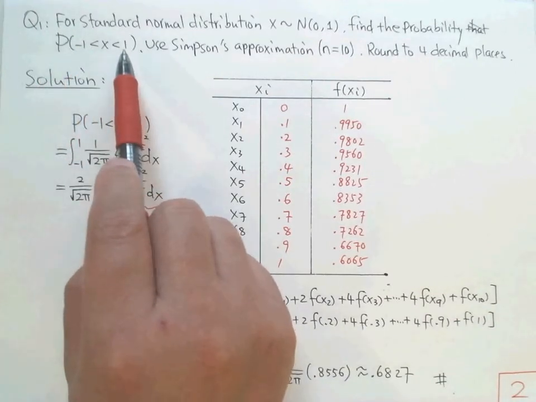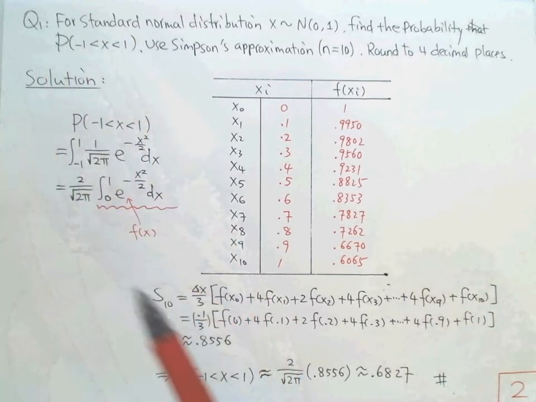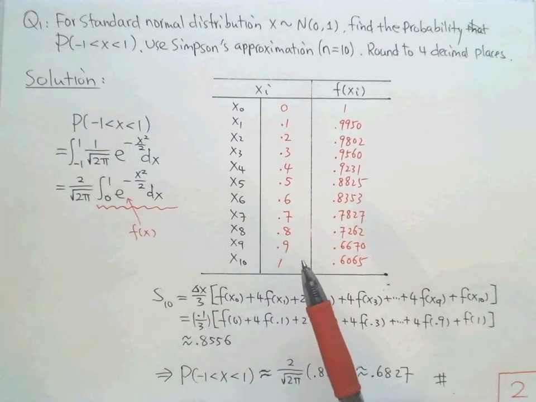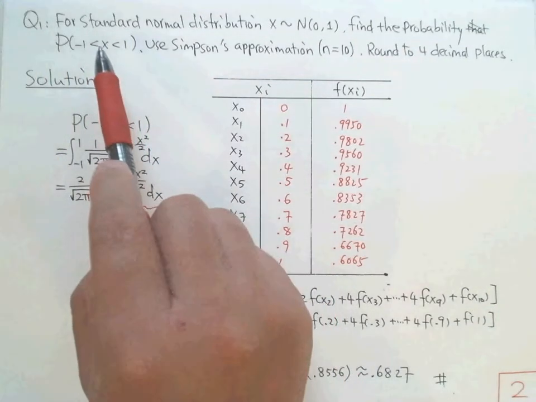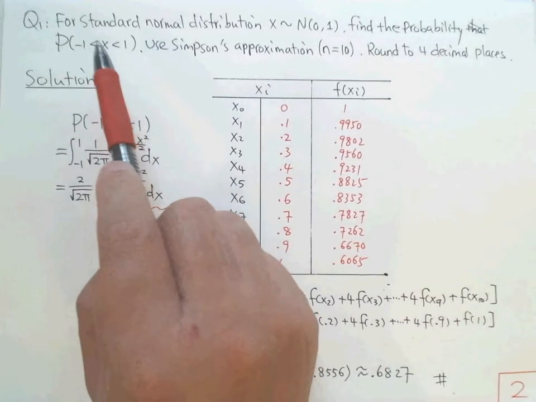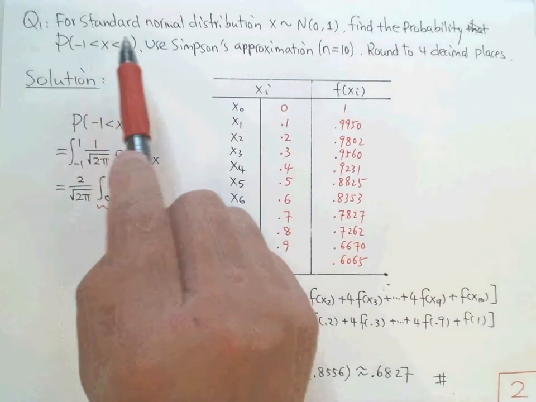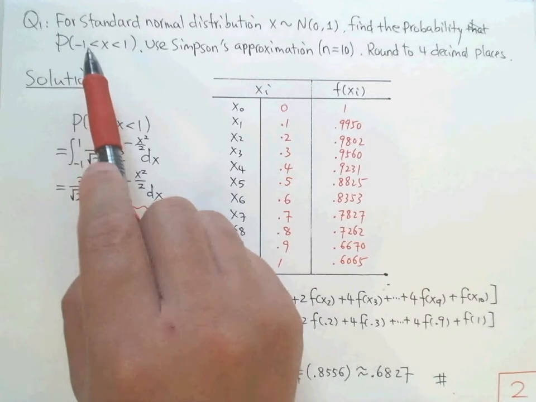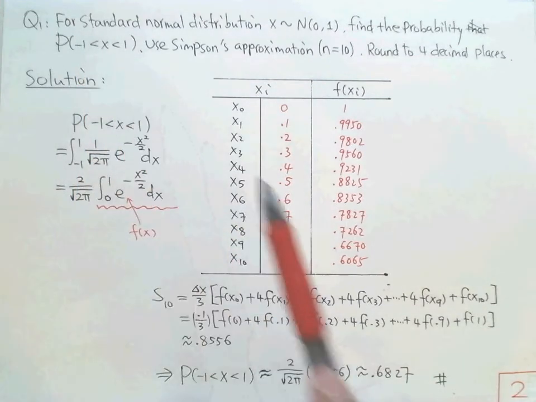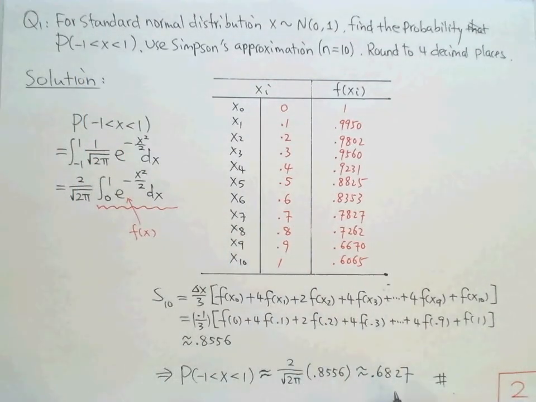This is the one standard deviation interval, and we have the empirical rule, which says around 68% of the data is in it, so this probability should be around 68%. Let me look at our answer. Our answer is 68.27%, exactly consistent with that.